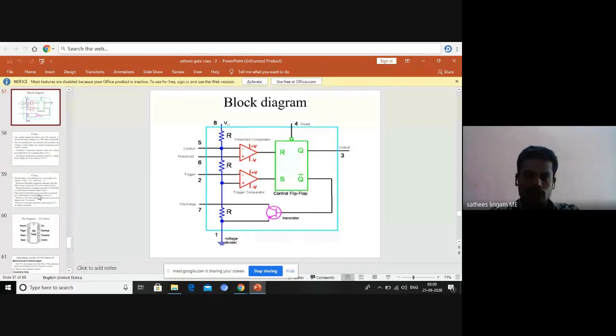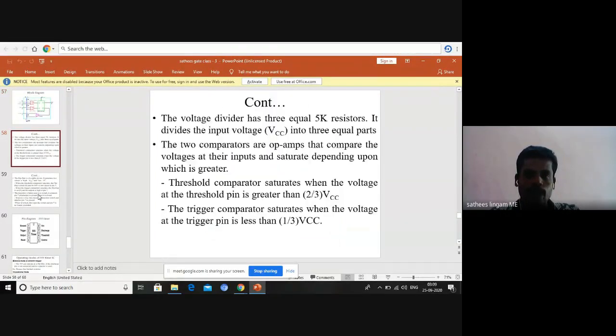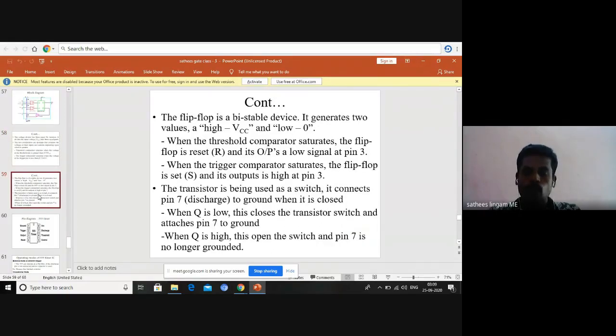When Q is 1, Q bar is 0, and the transistor is cut off. It is not getting grounded, so there is no discharging process.